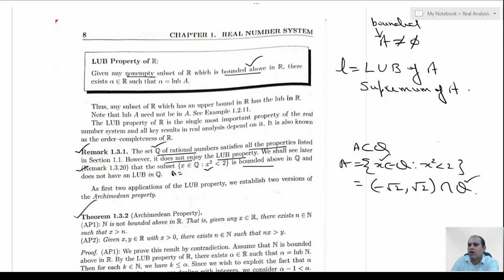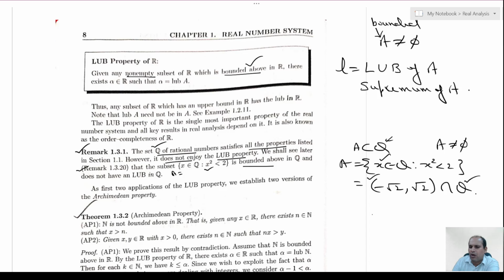So this set is non-empty. Now this set is bounded, it has upper bound as well as lower bound. Now just look at the upper bound. Every real number greater than or equal to root 2 is its upper bound. So I can say that root 2 is also its upper bound in R, but our space is Q here.